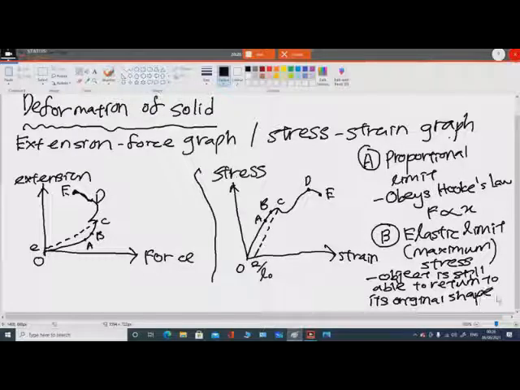So this is the point where maximum stress is applied, but in the condition that the object is still able to return to its original shape.